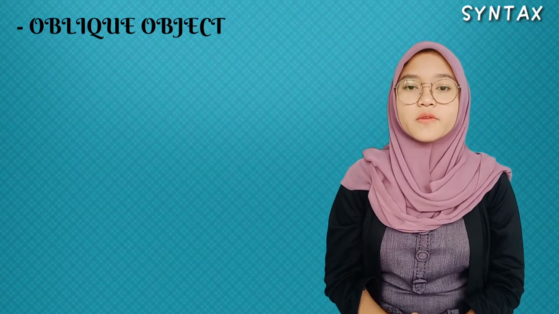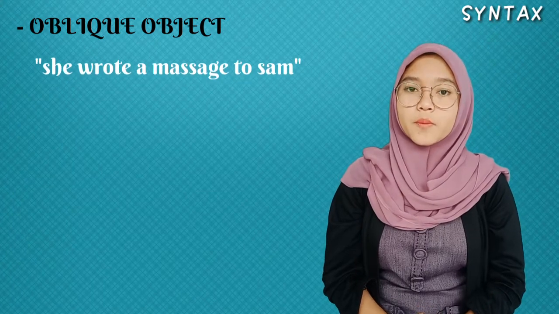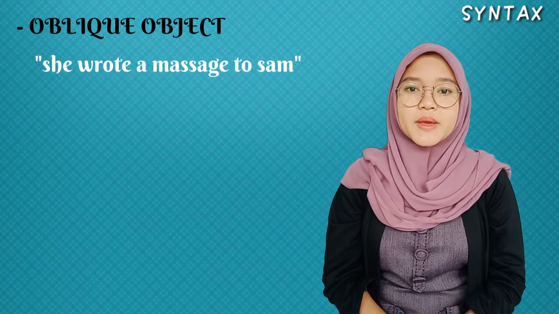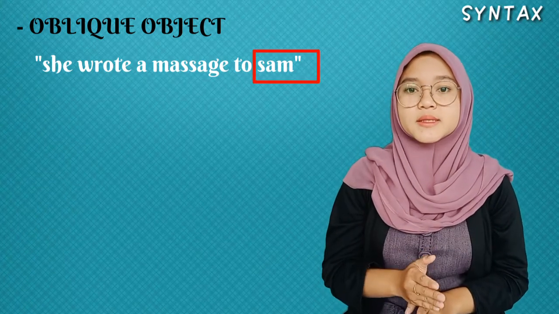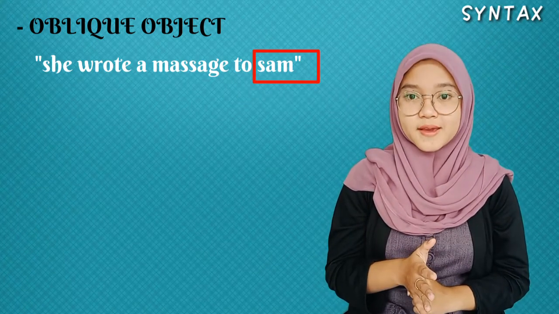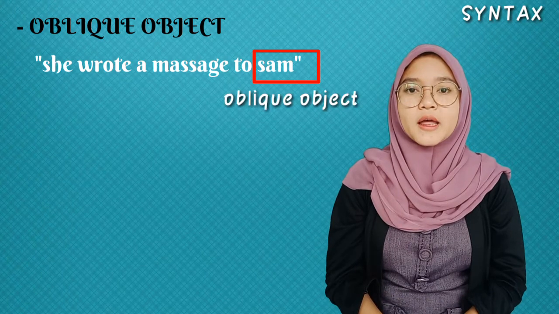The last are the indirect object and the oblique object. The oblique object refers to the noun phrase that comes after a preposition. For example, she wrote a message to Sam. Sam is the oblique object.